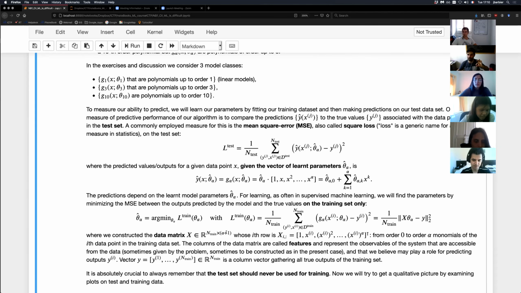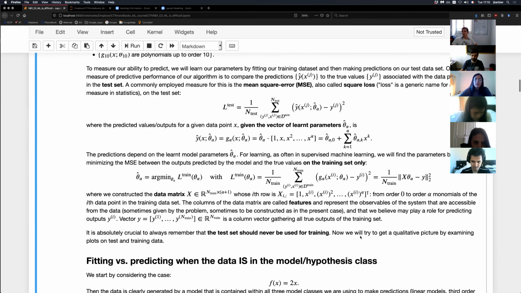And each column is what? It is a different power applied to our original data point. So the first column is just constant. It's the constant feature. The next feature is the point itself. The third feature is x squared, and so on and so forth. So the columns of the matrix are the features and represent the observables of the system that are accessible from the data.